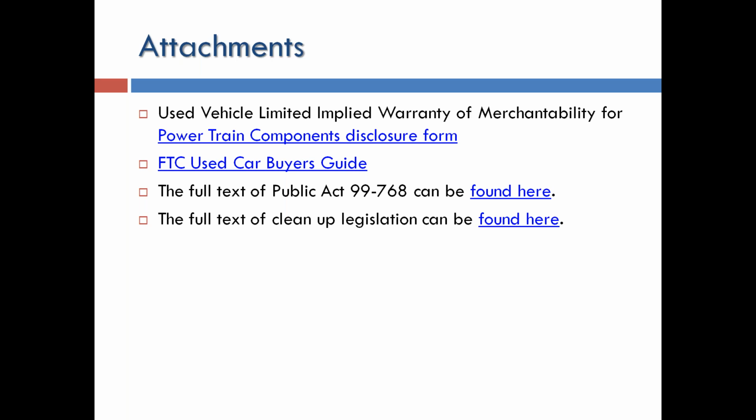As I mentioned, CDK's got something available on our website. If you really want to get down into the weeds, the Public Act 99-768, which creates the 15-day 500-mile warranty, is available, as well as cleanup legislation, House Bill 1560, that will clean up a lot of the bumps in the road on the original legislation.